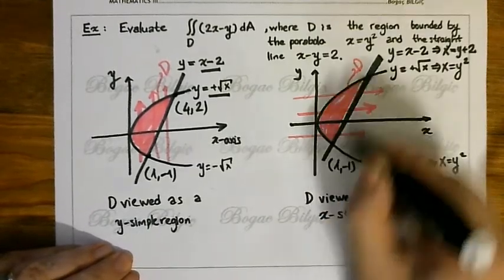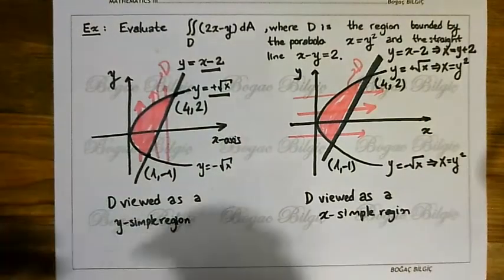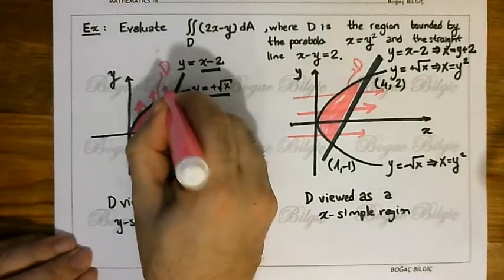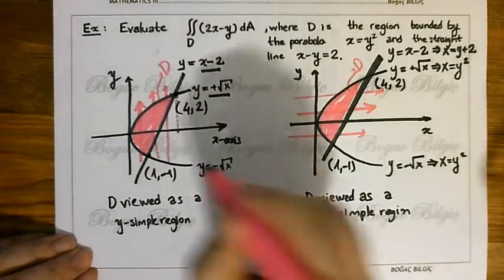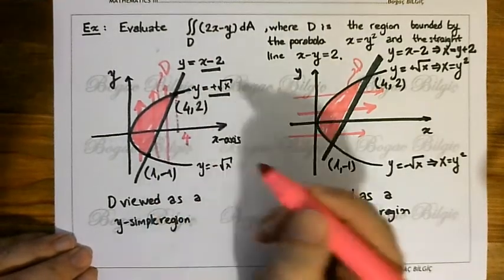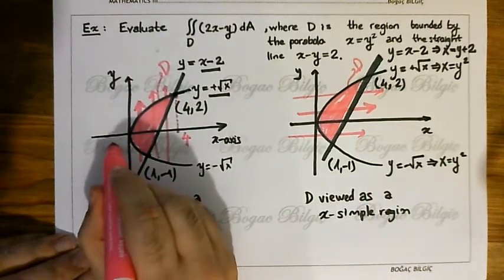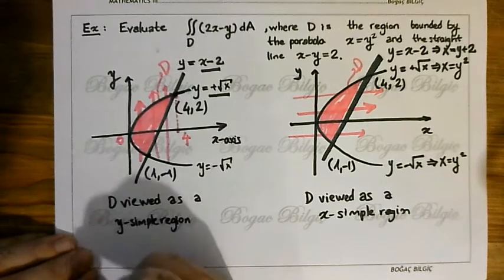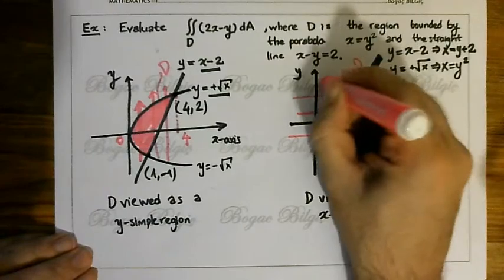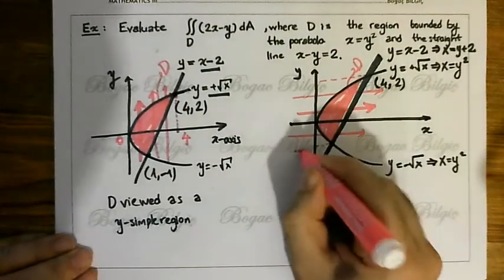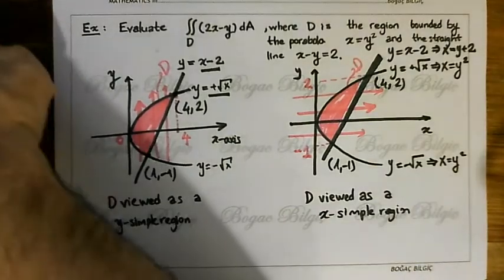And this point is 4 and 0, and this point is minus 1 and 2. Okay.